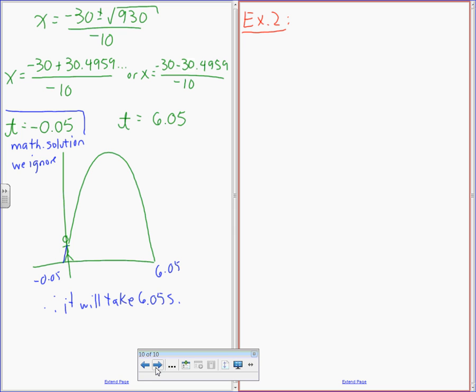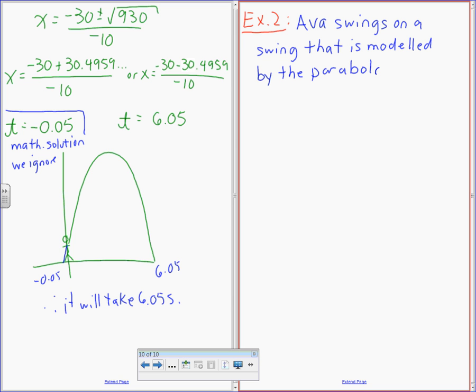Here we go. Example 2 says Ava, which is my daughter, swings on a swing that is modeled by the parabola H equals 4t squared minus 12t plus 10.